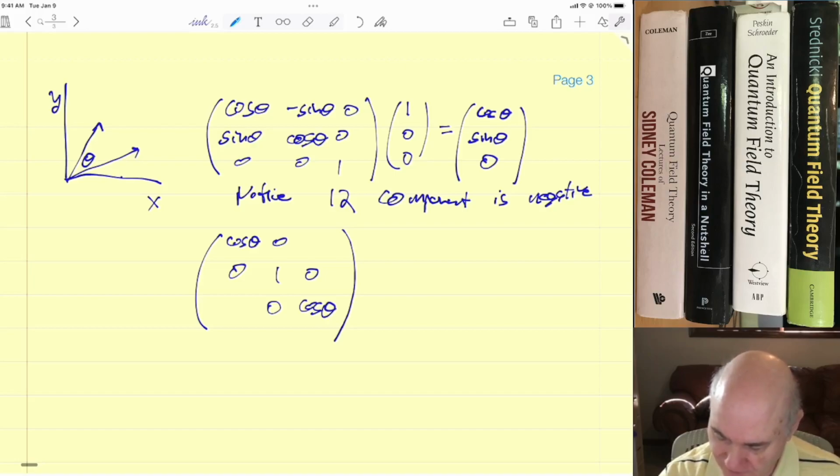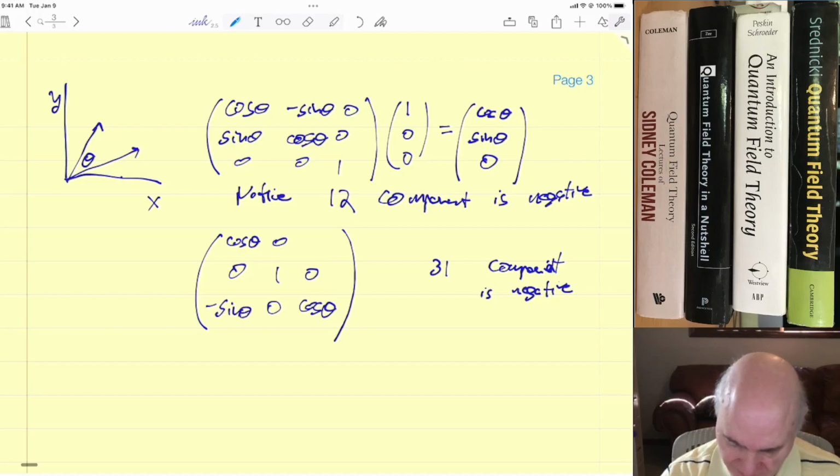Well, the 1, 2 component is negative, and you remember 1, 2 corresponds to 3, 1. So the 3, 1 component is negative for a y rotation. So the 3, 1 is going to be minus sine theta, and the 1, 3 is sine theta.